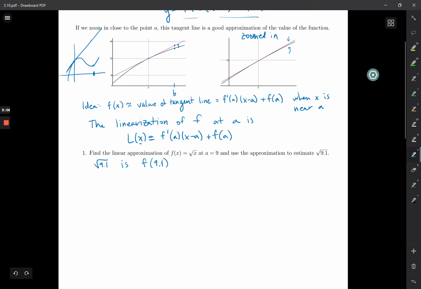If we plug in 9.1, that is the square root of 9.1. And so this means that we're going to use the equation of the tangent line to approximate the value of f at this particular point, right? So the first thing we need to do is find the equation of the tangent line. So we just do this in the same way that we've been doing it.